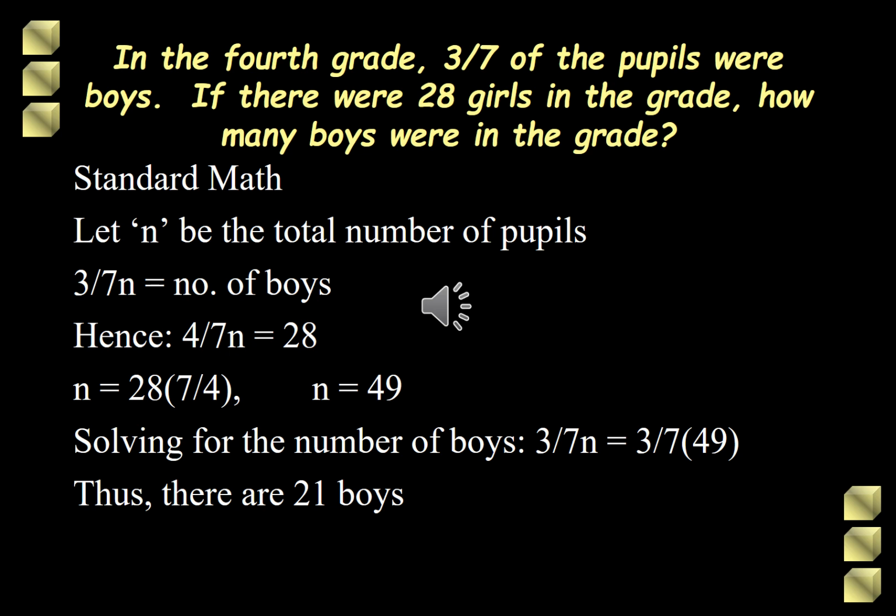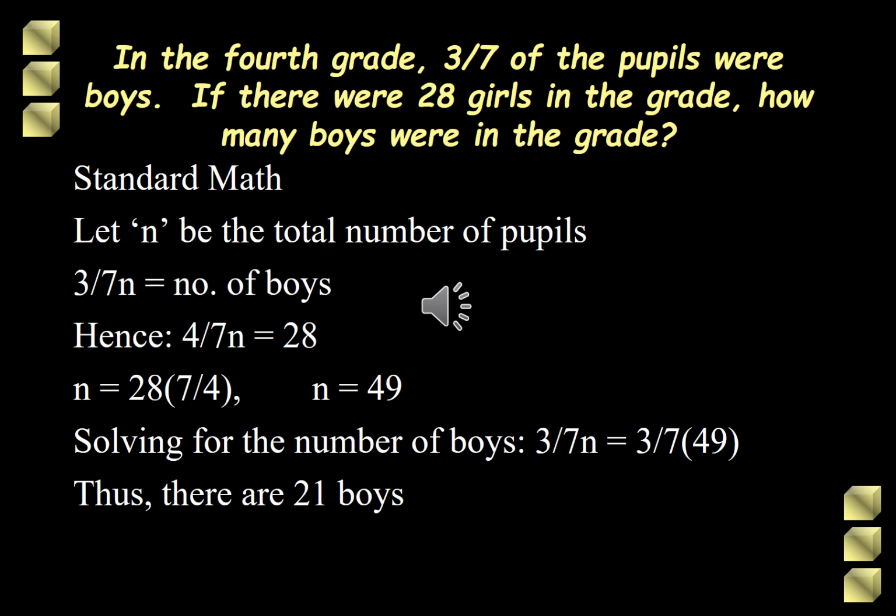With this, we can solve for n, or the total number of pupils. Now, using algebra, 4/7 n is equal to 28. n would be 28 times the reciprocal of 4/7, which is 7/4. Simplifying, n should be equal to 28 times 7 divided by 4, which is equal to 49.